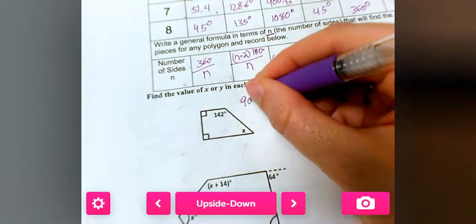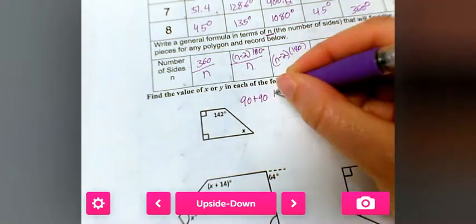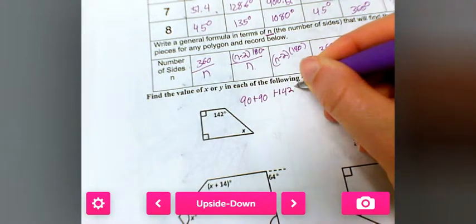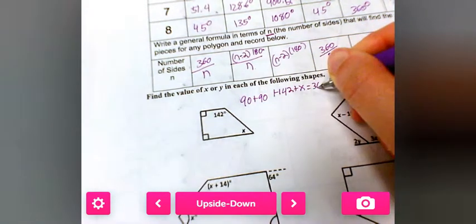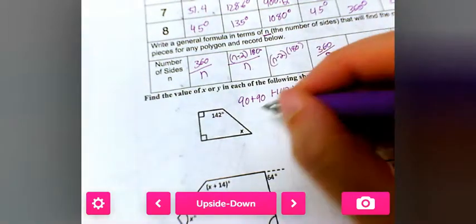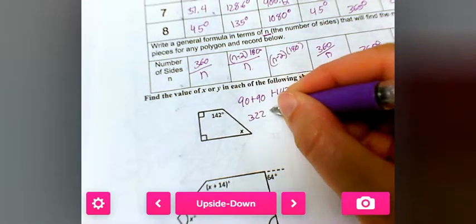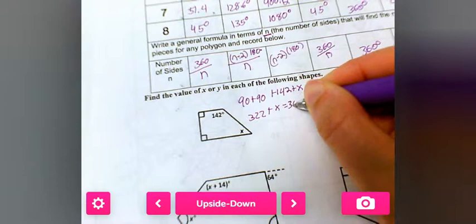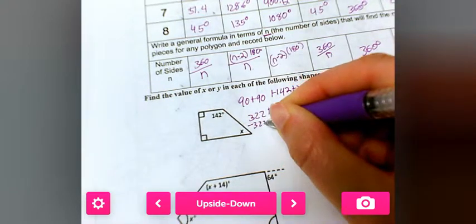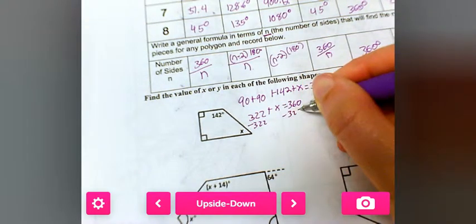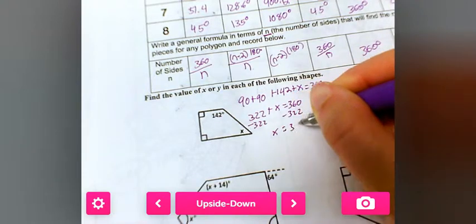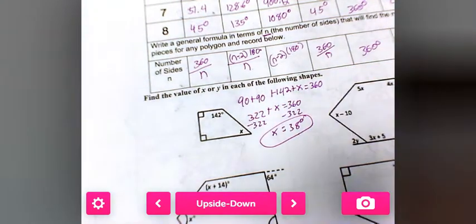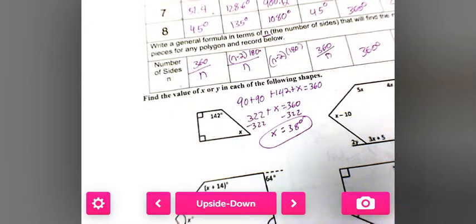So I know 90 plus 90 plus 142 plus x equals 360. I add all these up, I get 322 plus x equals 360. I subtract 322. X equals 38 degrees. So far, so good?